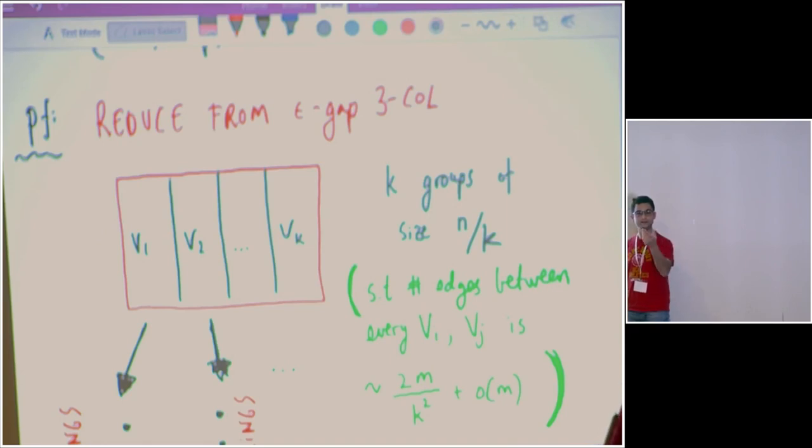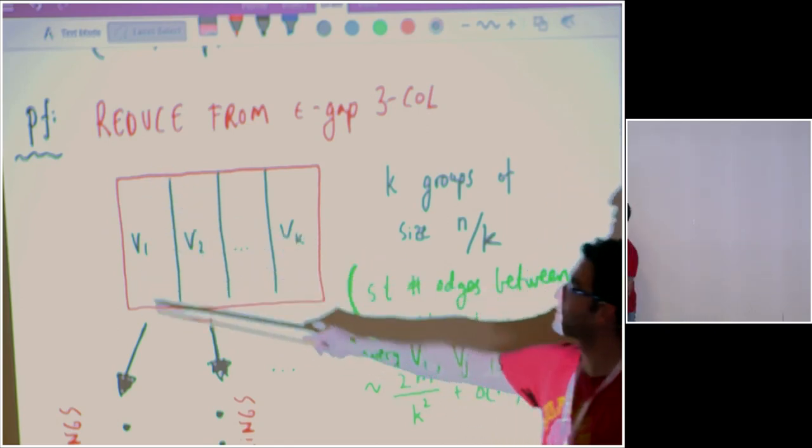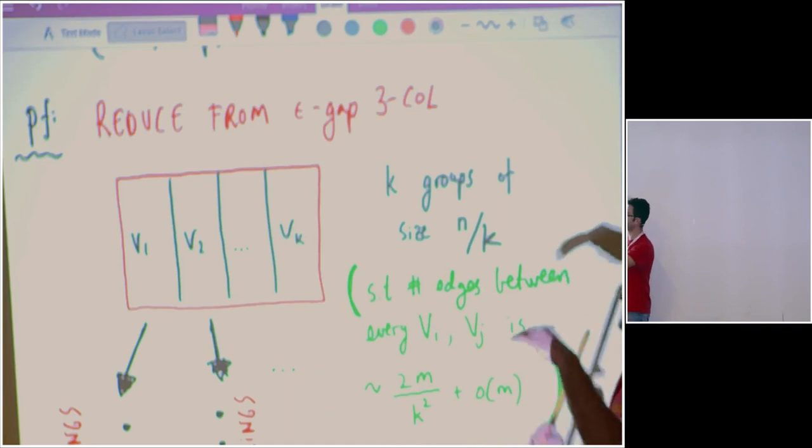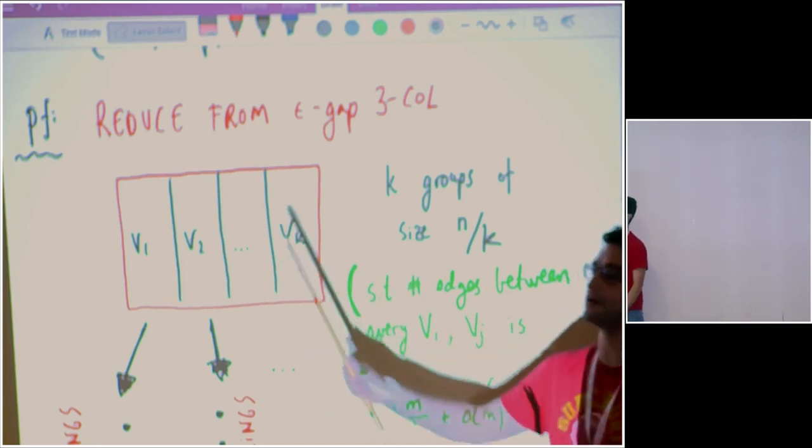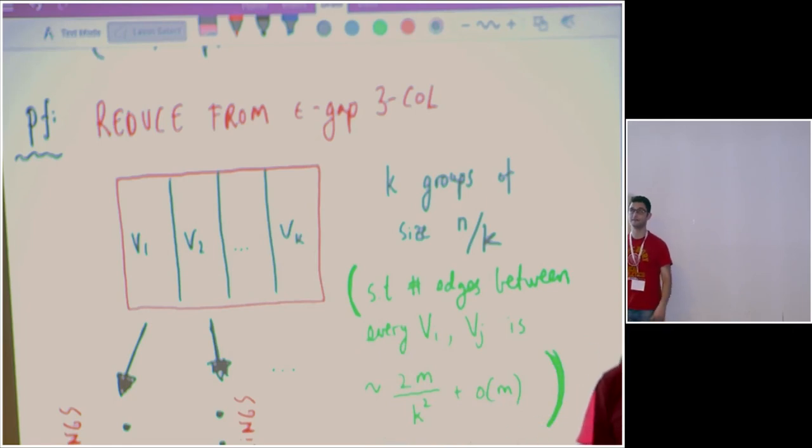If I color my vertices at random with colors from 1 to k, then with good probability all of my color classes have size very close to n over k, and the number of edges between any pair of color classes has expected number 2 divided by k squared times m, where m is the number of edges, and with high probability it's that plus some sublinear terms.